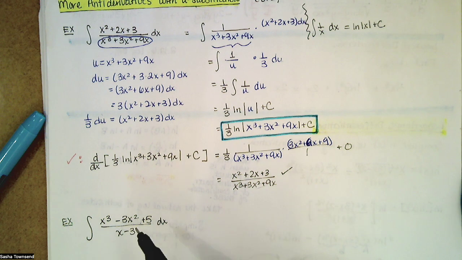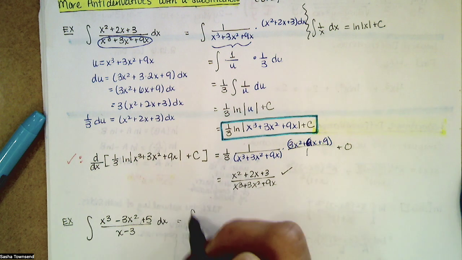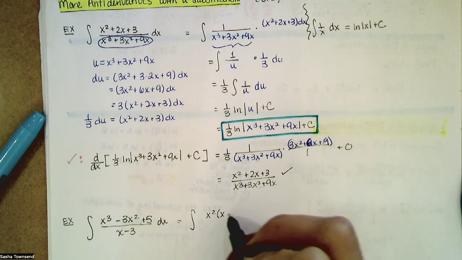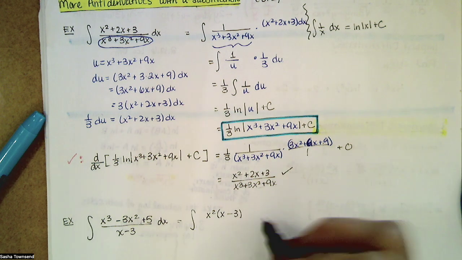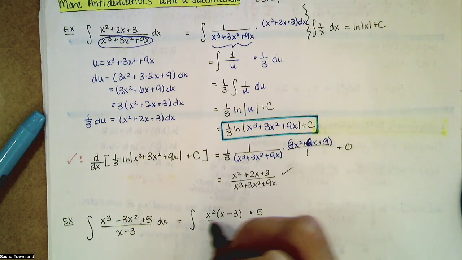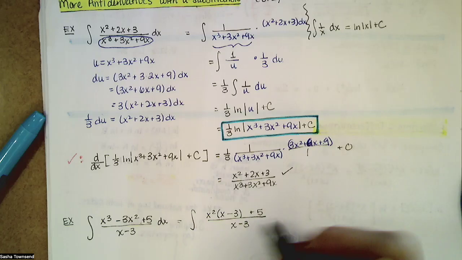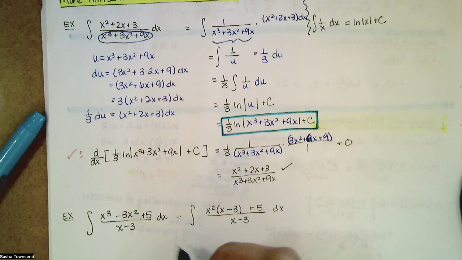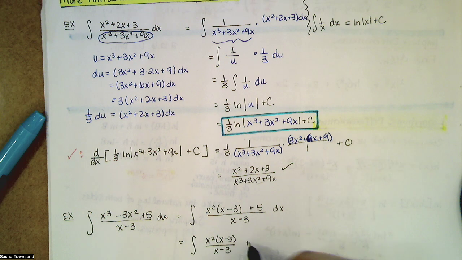Or we could actually recognize these two terms have an x squared in common. This is x squared times x gives me that first term, and x squared times -3 gives me the second one. So now if I want to, I can take this expression and divide by x minus 3, and then add 5 divided by x minus 3.